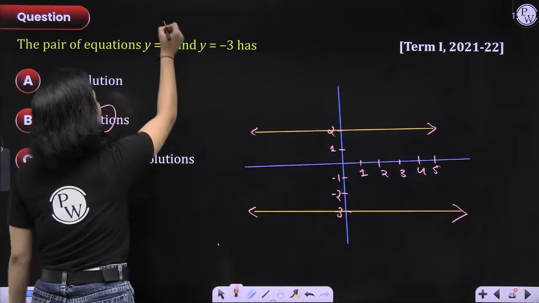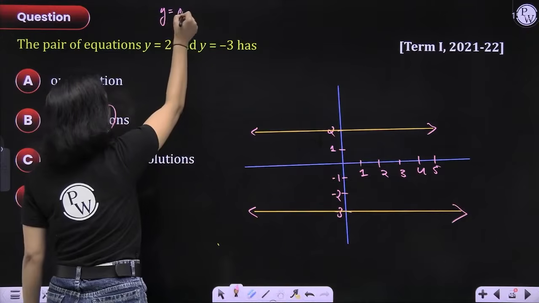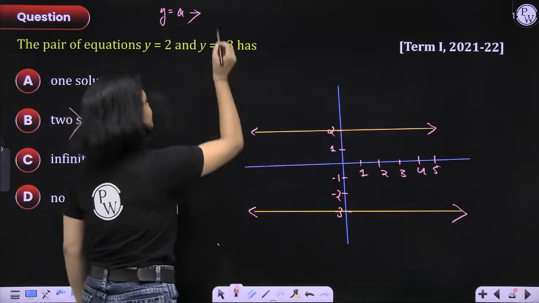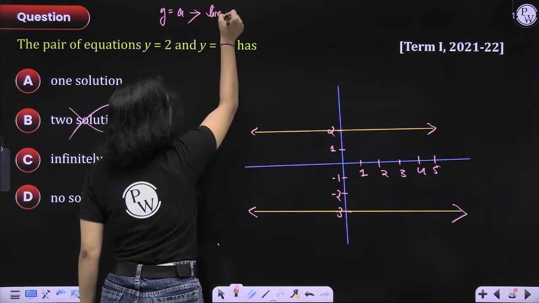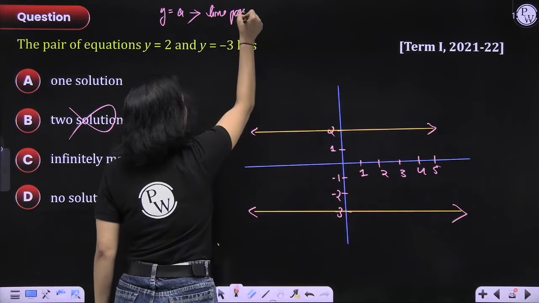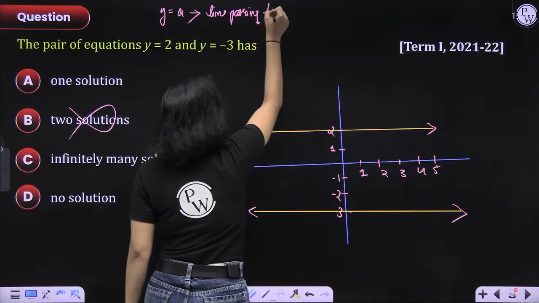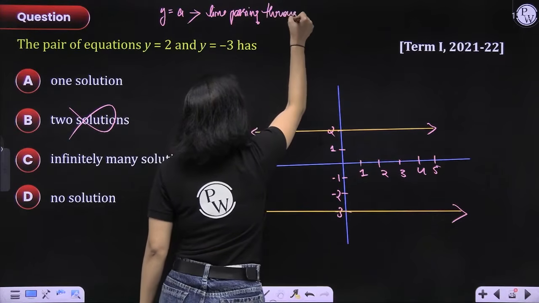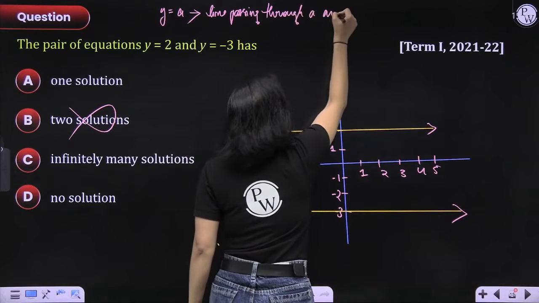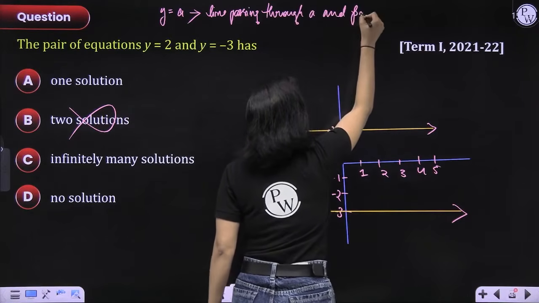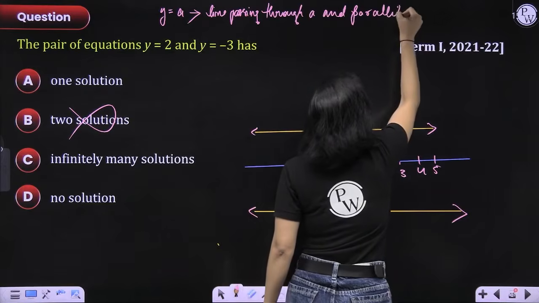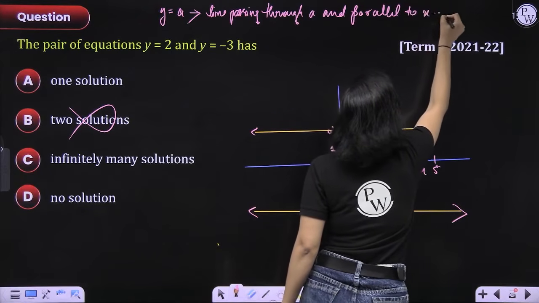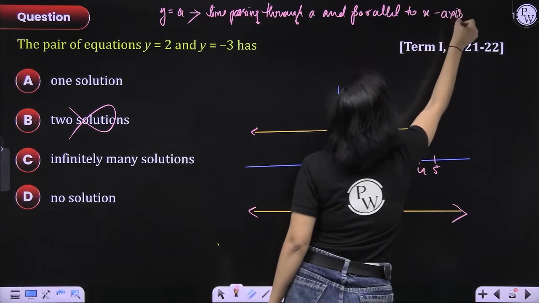So remember, whenever you have y is equals to a, its equation will look like this: a line passing through a and parallel to x-axis. Always remember that, right?